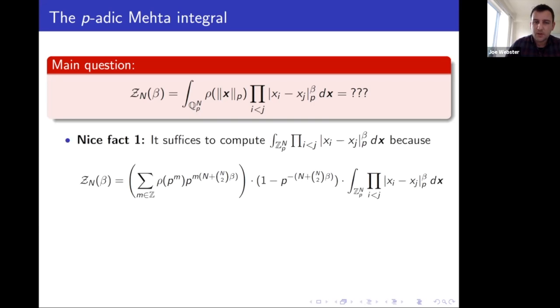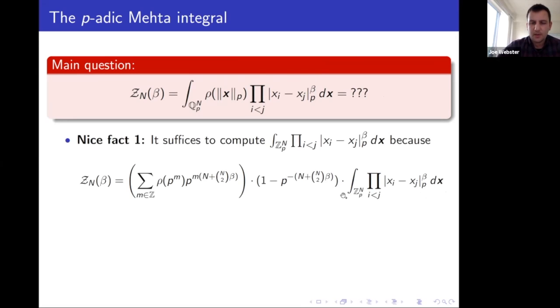The first fact that's really important and really handy is that because this rho depends only on this norm, you can actually do a sort of trick and use the homogeneity of the Vandermonde polynomial to pull this rho, or at least the dependence on rho, entirely out in front of a simpler integral. You might recognize this as the Igusa zeta function attached to the Vandermonde polynomial.